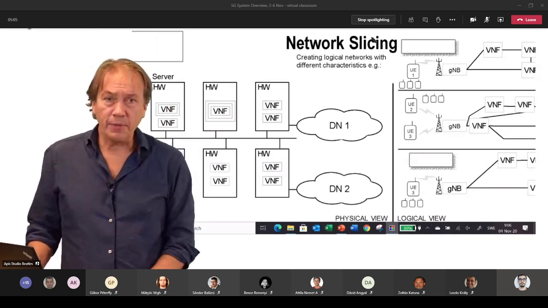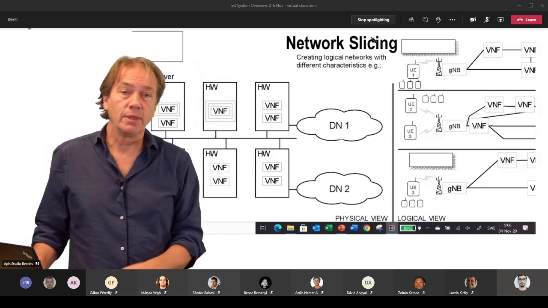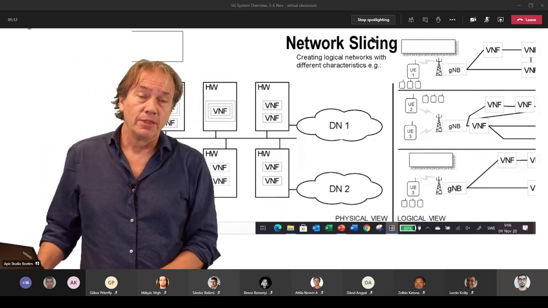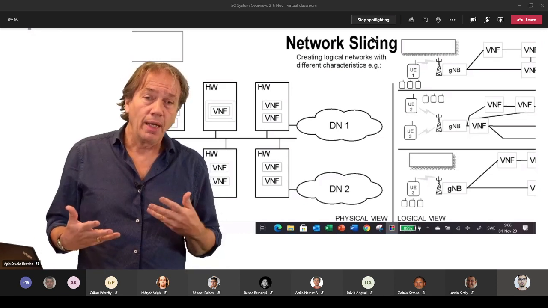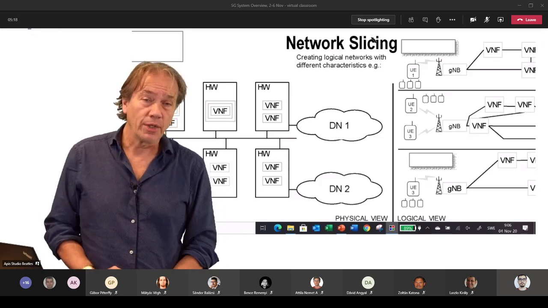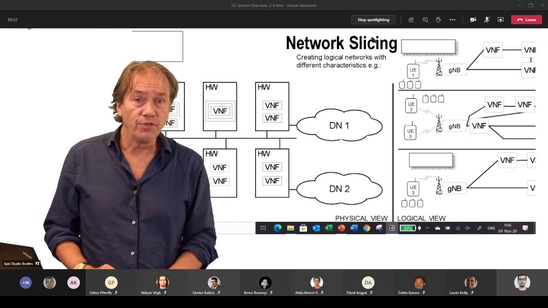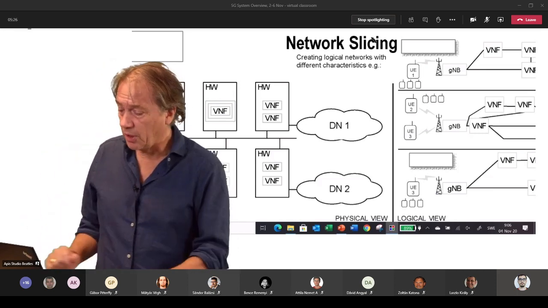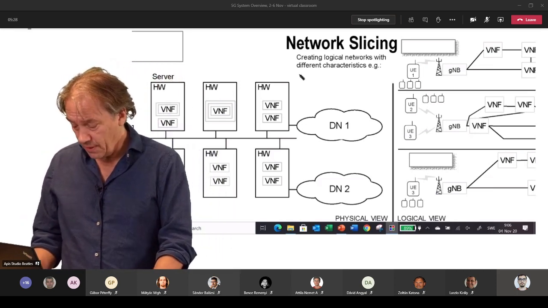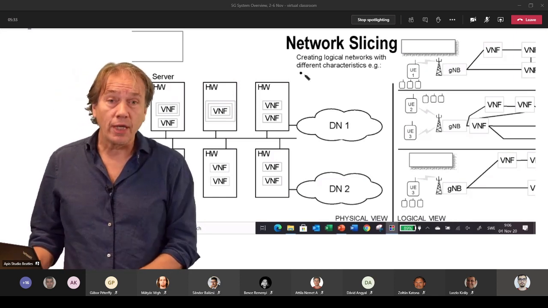So network slicing is about, as it says, creating some type of logical networks within the physical network. And the idea is that these logical networks, the network slices, have different profiles or different characteristics. For instance, in terms of traffic capacity.